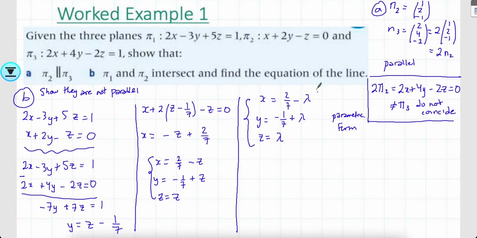Okay, so the equation of a line is dependent on the value of z in this situation. And you can rewrite this line in any other method. You can write it in Cartesian form, for example, where you make lambda the subject.